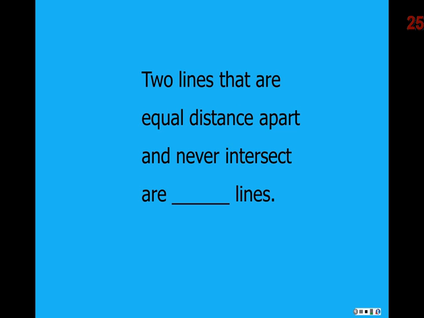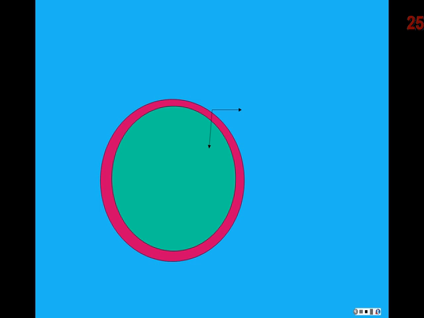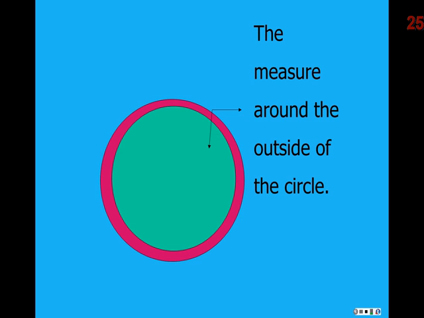Okay, two lines that are equal distance apart and never intersect are what kind of lines? Parallel, yes. Okay, you got a circle here. The measure around the outside of the circle is called what? Circumference.